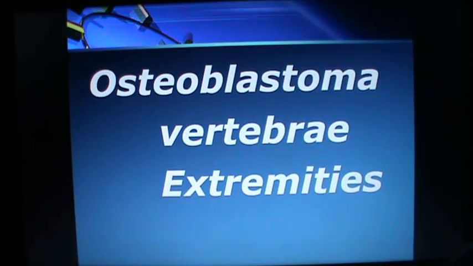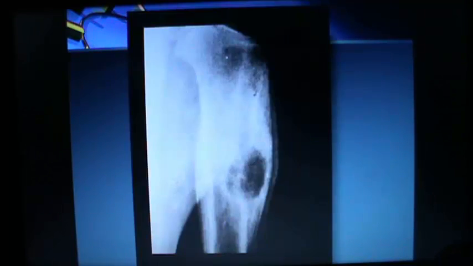And in the extremities, it keeps similar changes like osteoid osteoma. That means there is a central nidus, but here it will be larger than 2 centimeters, while in osteoid osteoma it is about 1 centimeter. And the periosteal reaction around will be more severe, and the extent of the lesion will be longer.